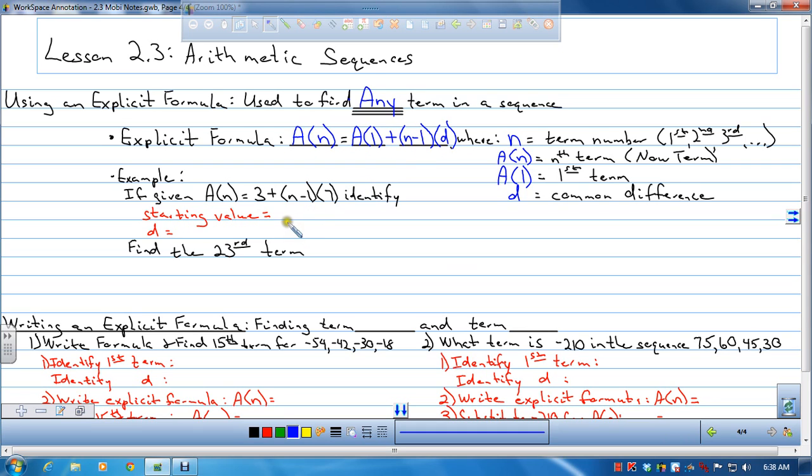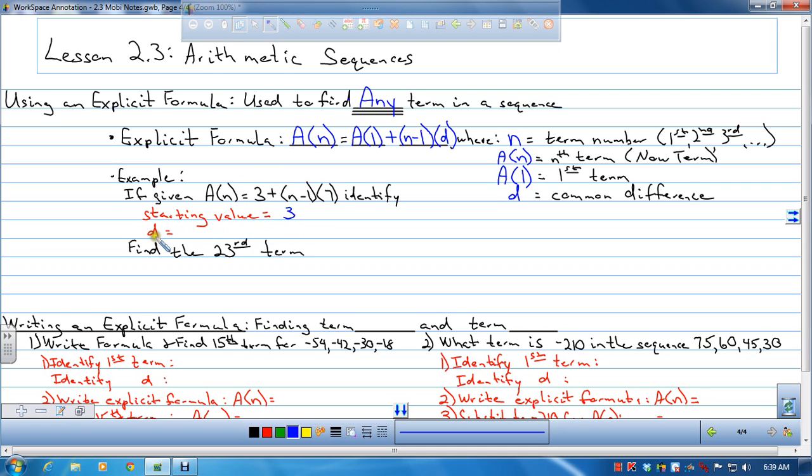Okay? So here's a little example. It says if given a of n equals 3 plus n minus 1 times 7, I want you to identify the starting value. So what is the starting value or the first term of that sequence? Well, look up here and match up the first term. It looks like that starting value should be 3, right?